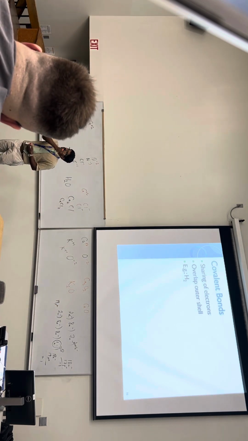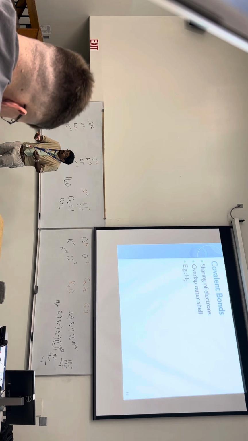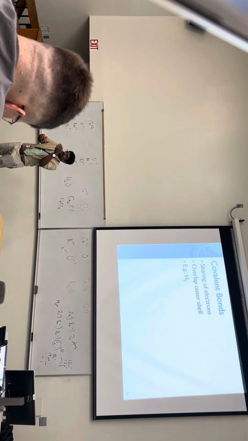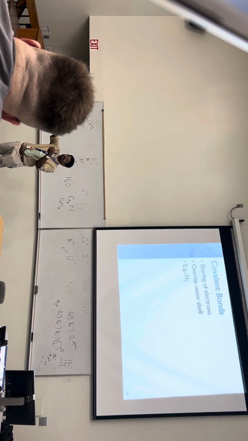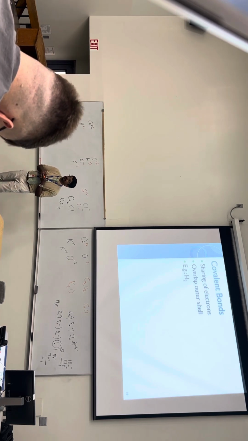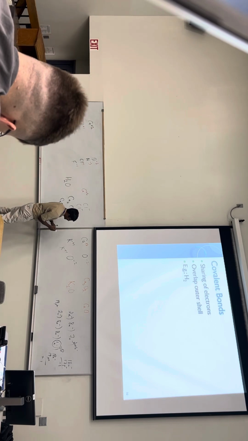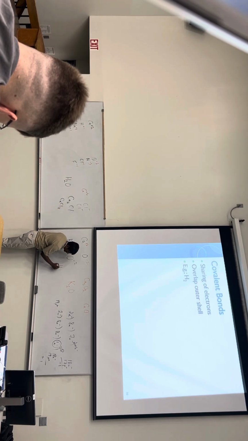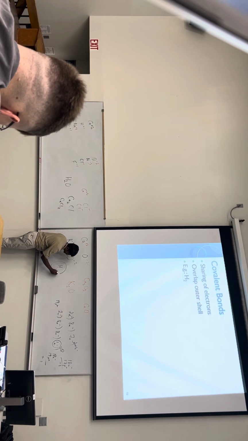So here we go back to what hydrogen would love to do. Hydrogen has one, it wants one more. Okay, so if I draw that out, I'm not drawing the nucleus. This hydrogen has one.